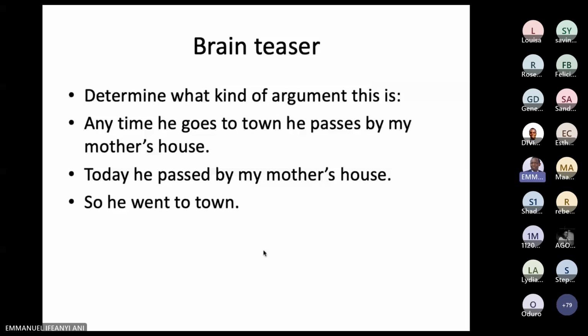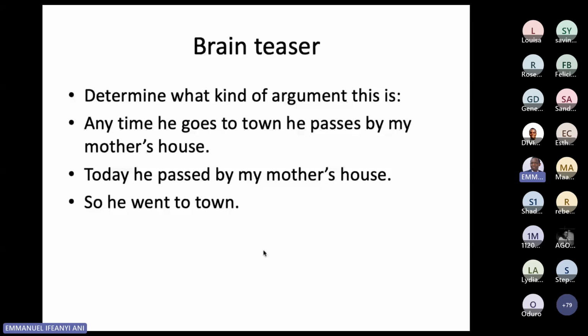Okay, so I'm going to take it up myself. Listen carefully to know how to find out the kind of argument. The first step is to find out the major premise, the one that you can convert to a conditional. Today he passed by my mother's house: you can't convert that to a conditional.